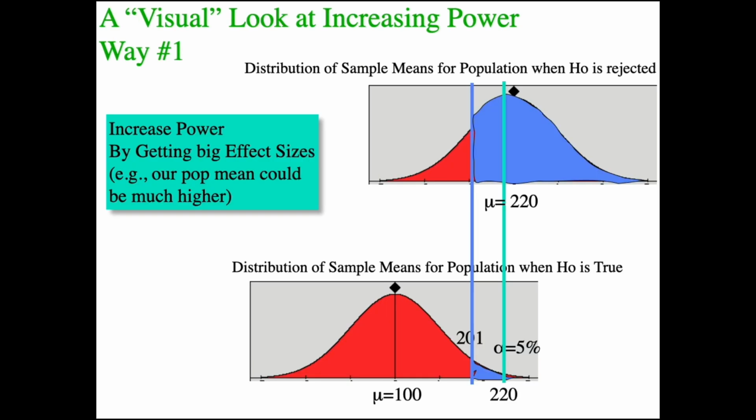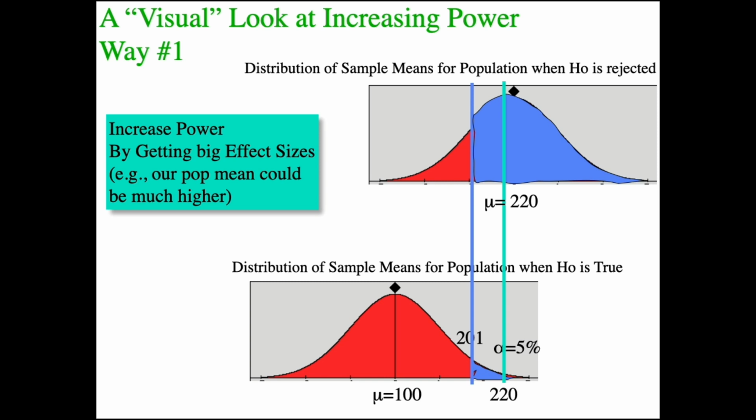In the first way, I said you can increase your power by getting bigger effect sizes. By getting a bigger effect size, I mean make the difference in the means between the population that's described by the H0 and the one that's described by your research hypothesis be as big as possible. So instead of having a mean of 200 up above, I have a mean of 220, and that moves the whole distribution off to the right. And so by having a bigger effect, you can see that down below, I'm still using 201 as my cutoff.